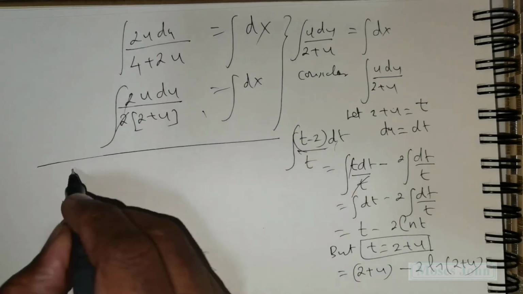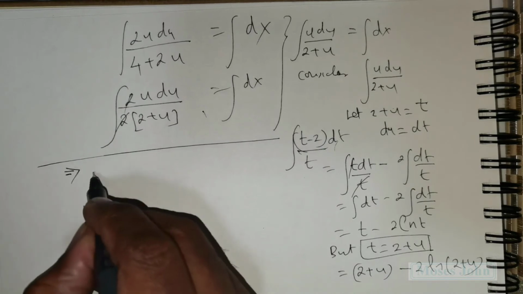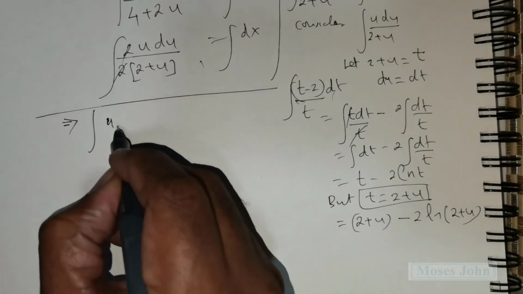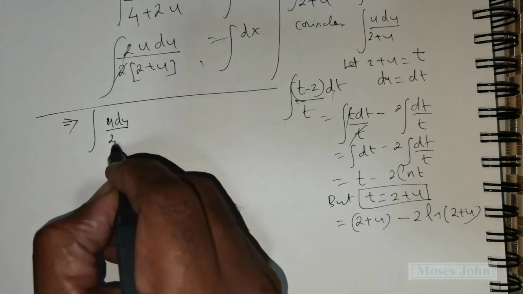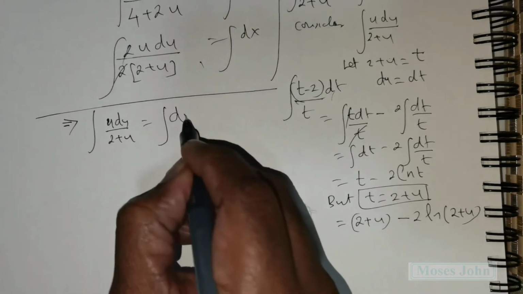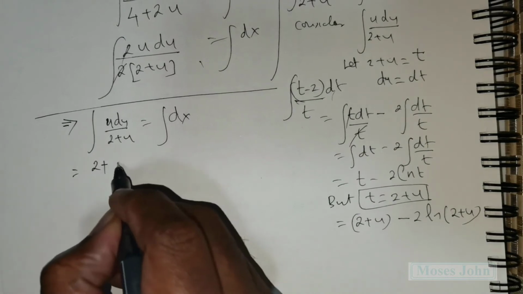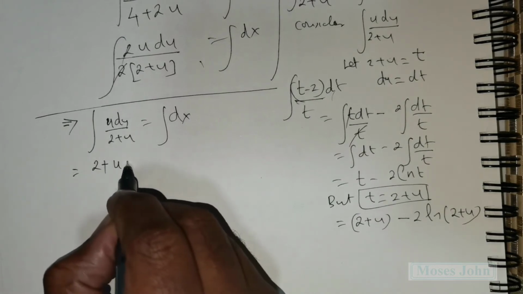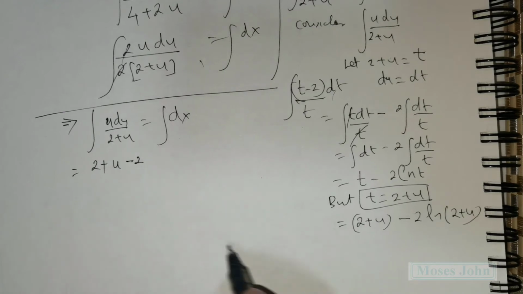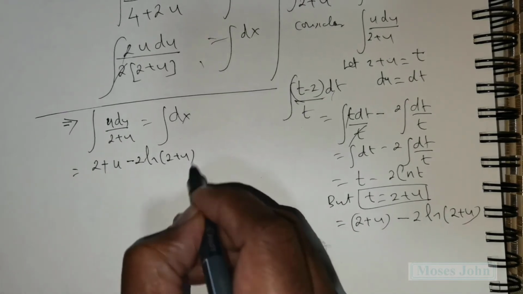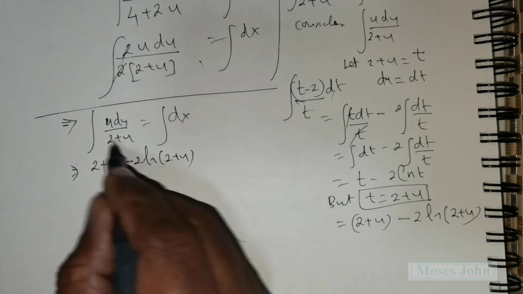So I can write it down here. This implies the integral of u du divided by (2 + u) is rewritten as 2 + u - 2 ln(2 + u). Okay, this is what I get.